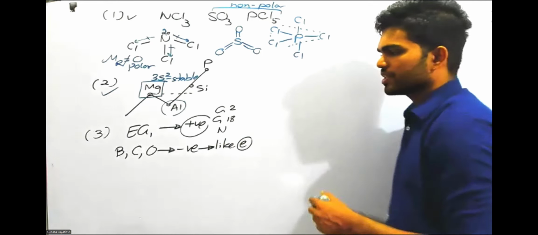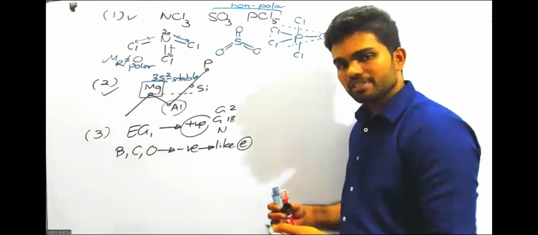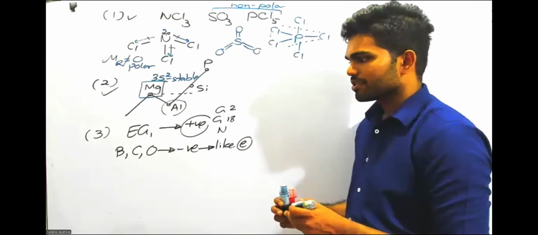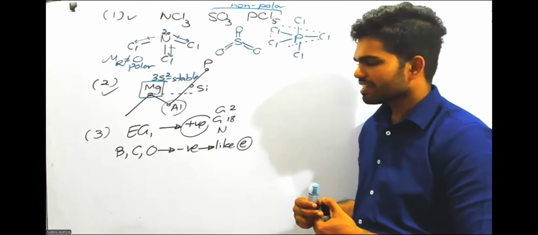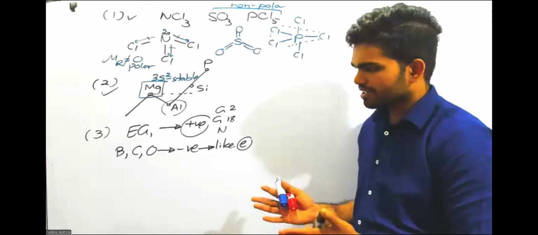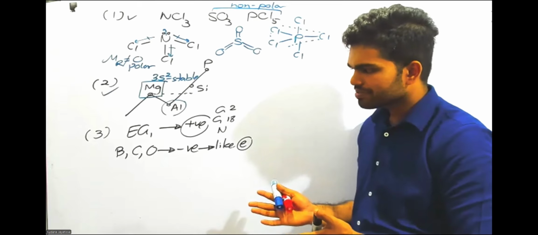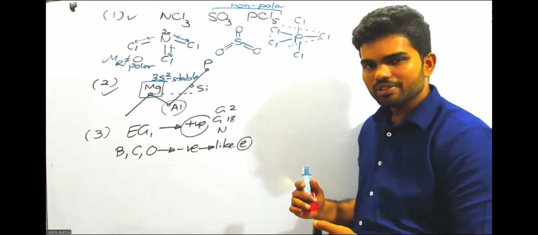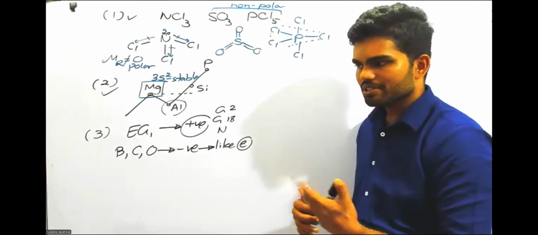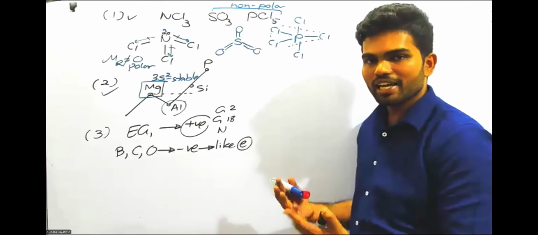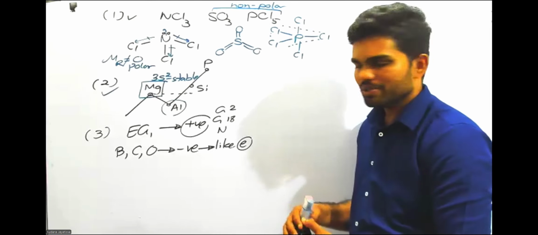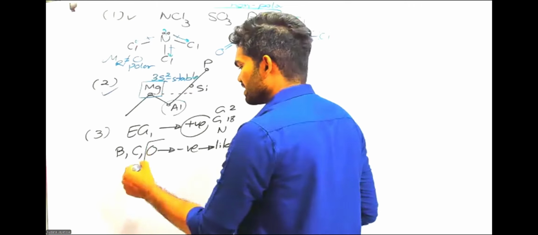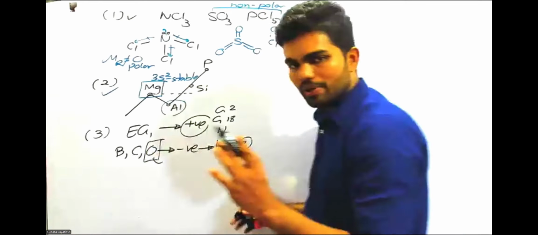Okay. So then you need to think which likes it the most. That's the thing. Boron is basically a metalloid. Carbon is a nonmetal. Oxygen is also a nonmetal, but oxygen should be more inclined towards electrons because it has a lower radius. Radius is not the only factor, okay?